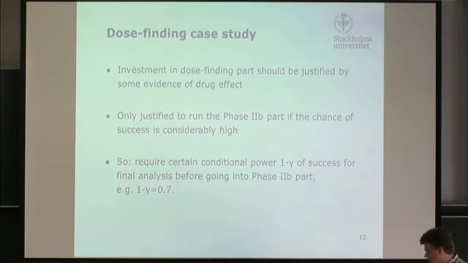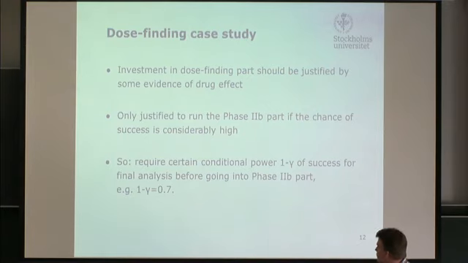So therefore, we could require a certain conditional power of success for the final analysis before going into phase 2b. For example, a conditional power, which I denote by 1 minus gamma, of, for example, 70%, as a requirement to invest then in the second part.